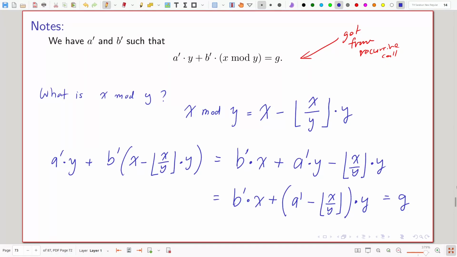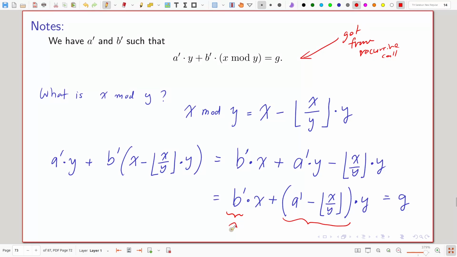So I know that there are two integers, this b prime and this term, and the first multiplied with X plus the second multiplied with Y equals t. Okay, so this is what we are looking for.